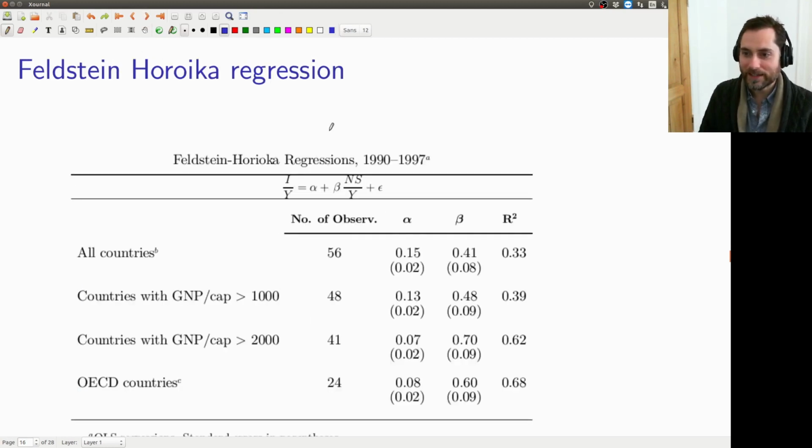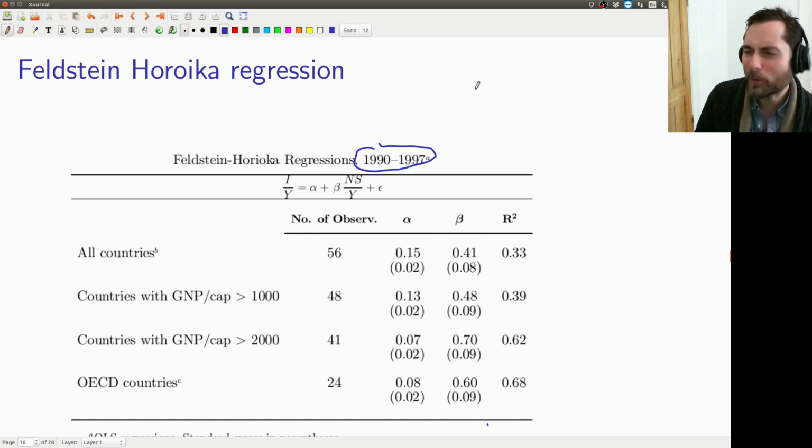But it turns out that, now this is from 1990 to 1997, we're comparing here investment with national savings, and what we see is that in this regression here, beta is kind of like the correlation, and you see that there's quite a significant correlation between national savings and investment. It's not quite correlation, right?